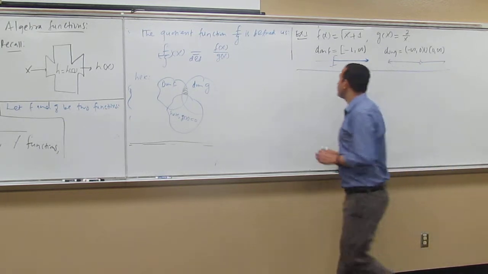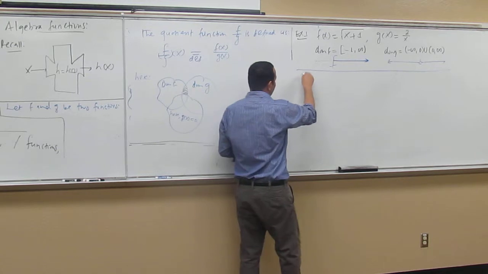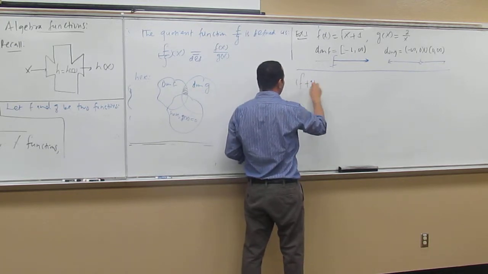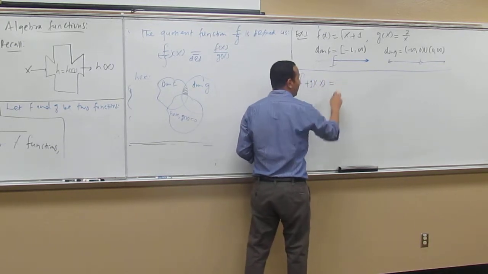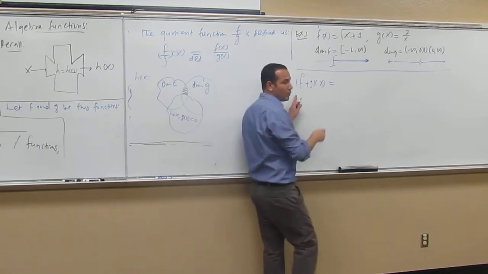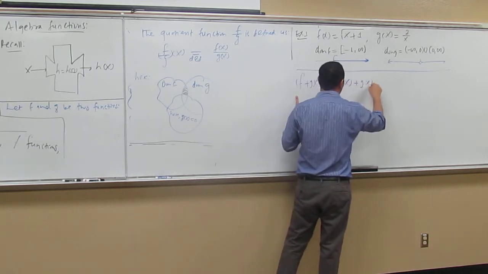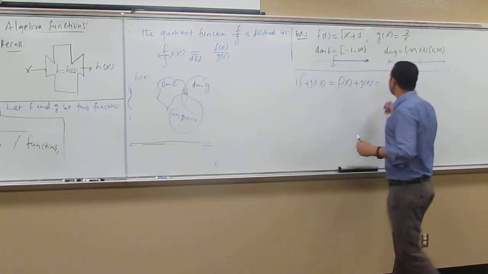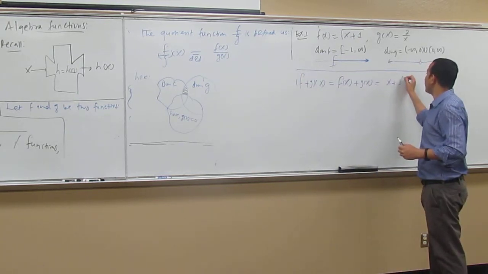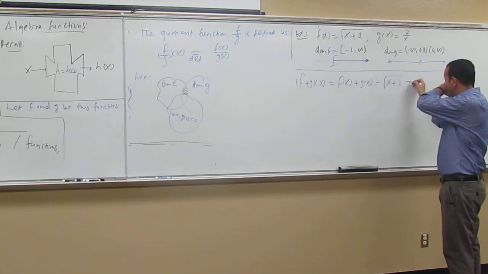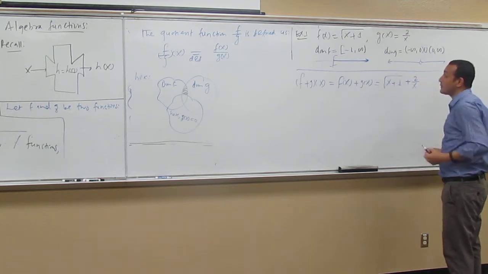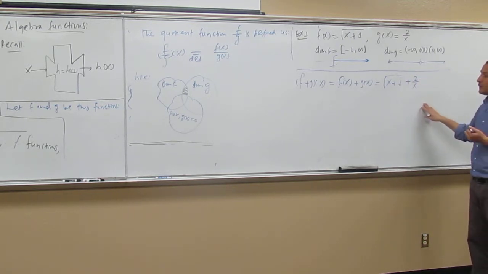Now let's define the sum. By definition, you know it's f of x plus g of x, and f of x is the square root of x plus 1, and g of x is 2 over x. And that's pretty much all.